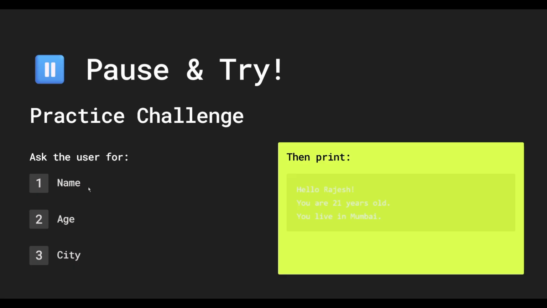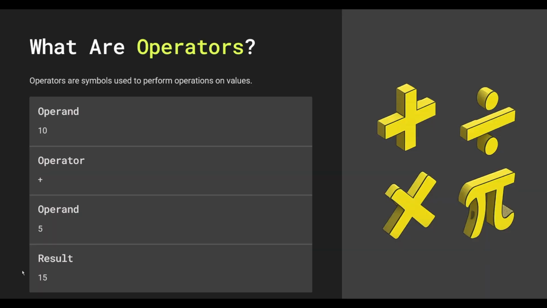Take input like name, age, and city from the user and print at the end like hello name, then specifying the user's age and city. So wait some time and practice by yourself. If you are not able to do it, we will do it in the next class. It's your homework.